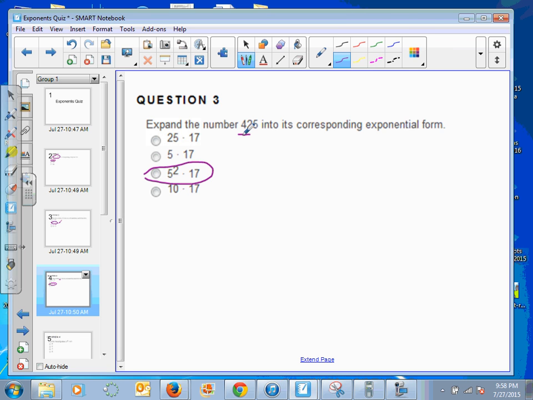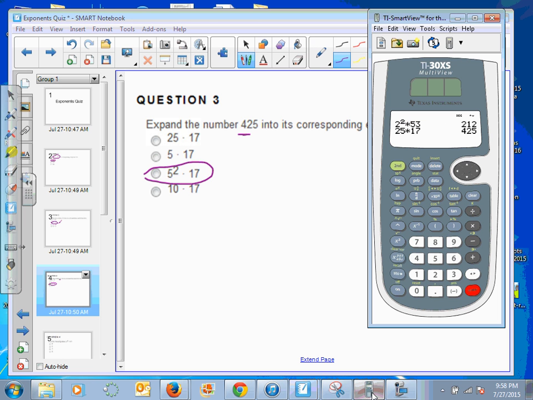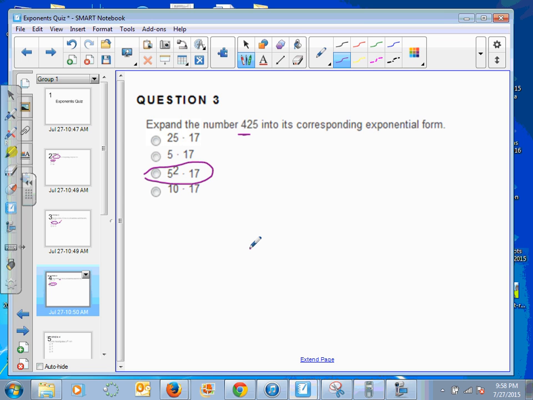That 25 can get down to 5 squared. So instead, let's look at it like this: 5 squared times 17. And you're going to see that's equivalent, so you're going to have the 425. But that's what they mean by writing in an exponential form, because 25 is equal to 5 squared. So in exponential form, that's a much better answer.